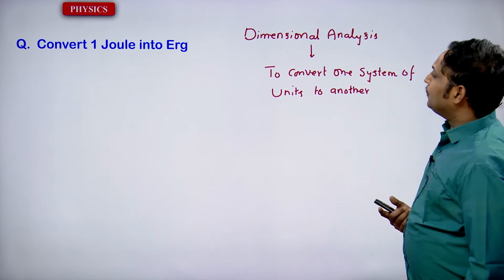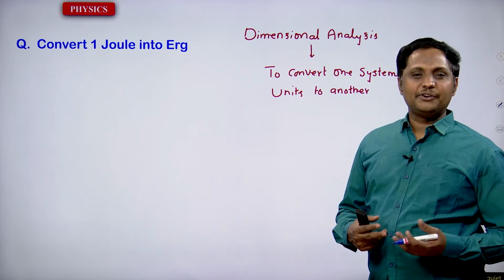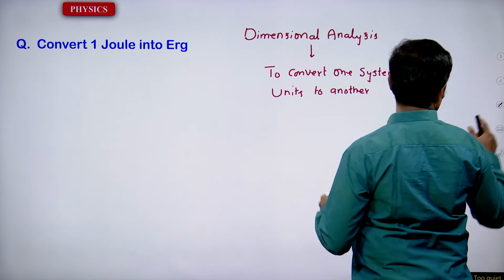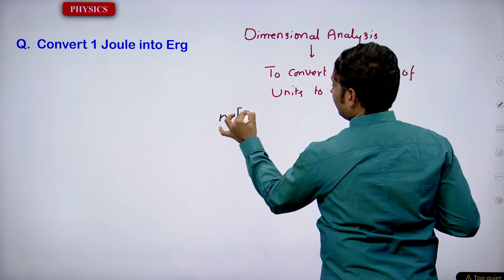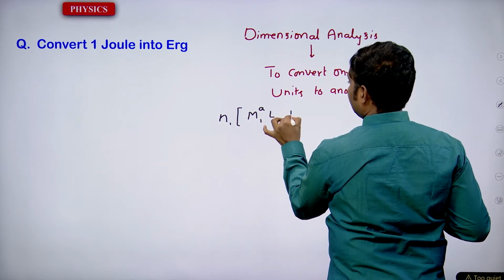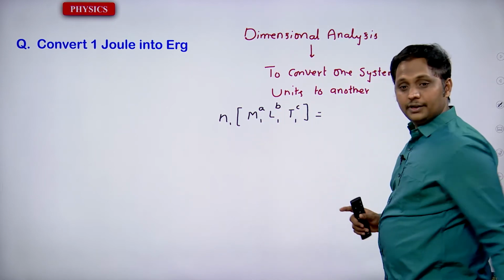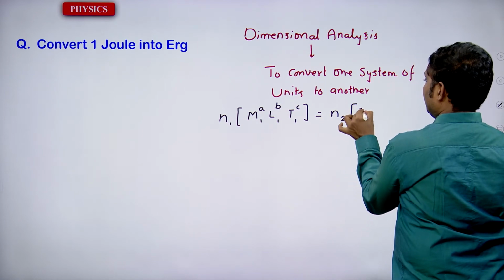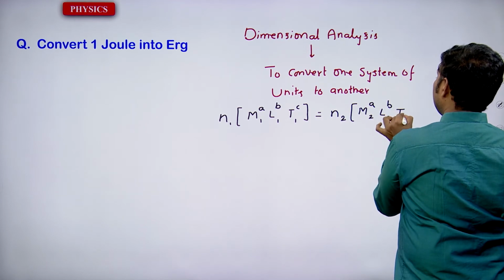Now, the expression which is going to be involved in the process of conversion is n1 [M1 power a, L1 power b, T1 power c] equal to n2 [M2 power a, L2 power b, T2 power c].